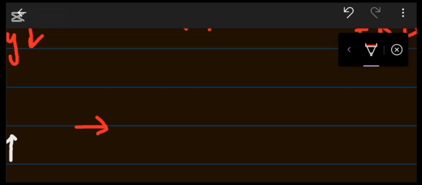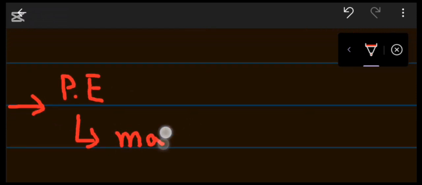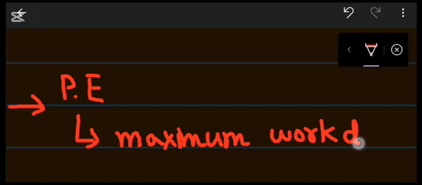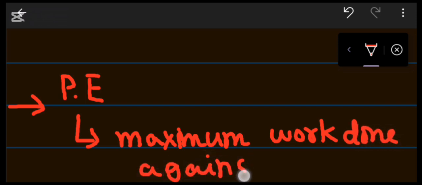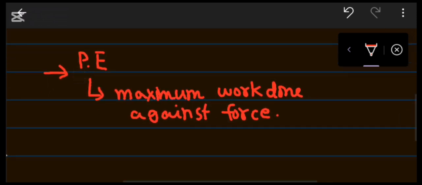towards the mean position. One more thing, if we discuss potential energy, potential energy is nothing but the maximum work done against the force field. एक मैक्सिमम से ज्यादा कोई किसी बॉडी पे काम करे फोर्स फील्ड के अलोंग, maximum work done against force, so this is known as potential energy.